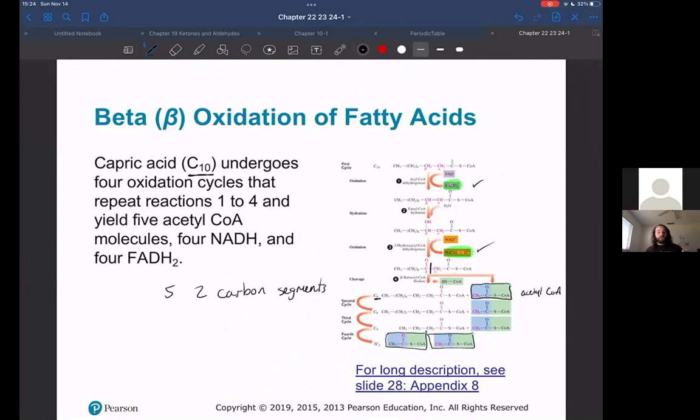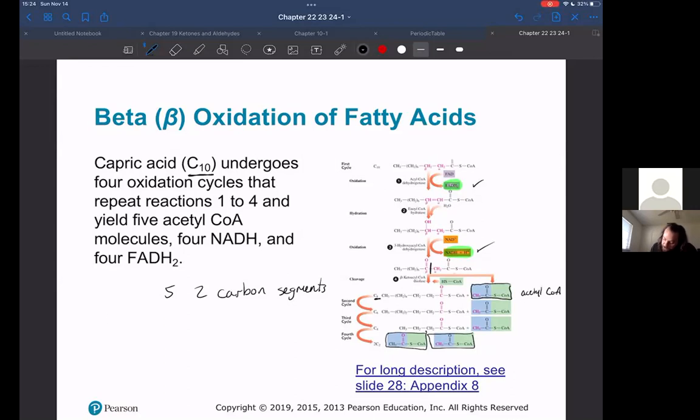Right? Again, each round of beta oxidation chops off 2 carbons. So that means there's going to be 4 rounds of beta oxidation, because again, that last step leaves me with 2 acetyl-CoAs. So I'm going to get 4 rounds of beta oxidation.